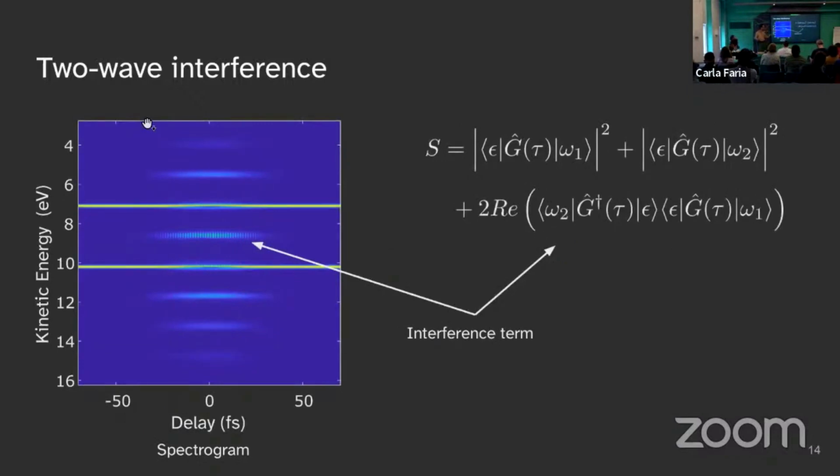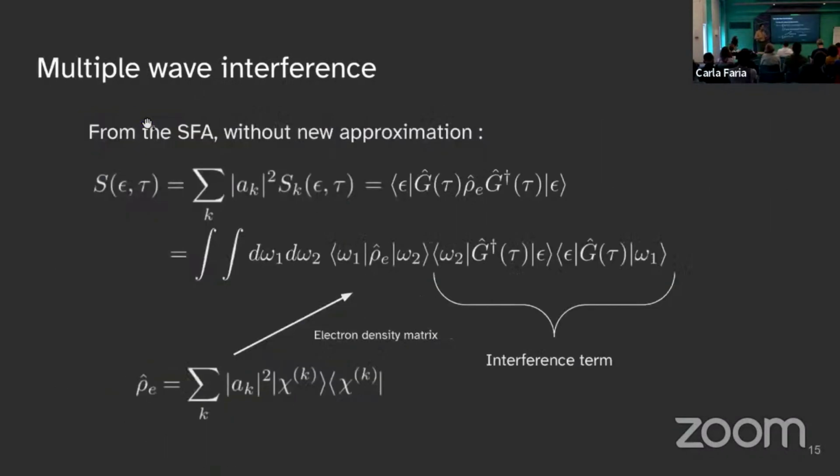And that was given to the instruments. But if we add continuum energies, we can find without approximation this formula here, where we have the density matrix of the electron, and the same interference thing as before.